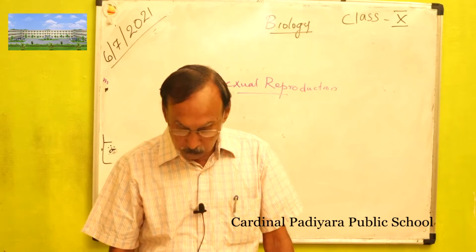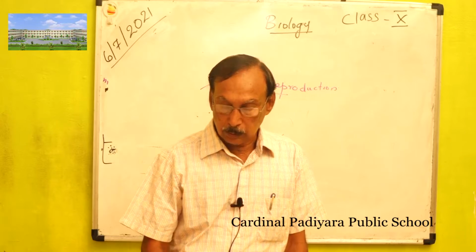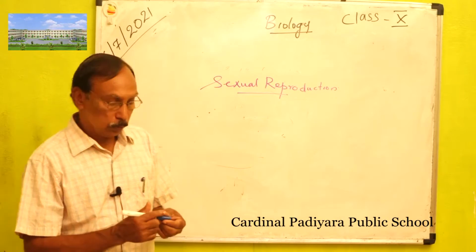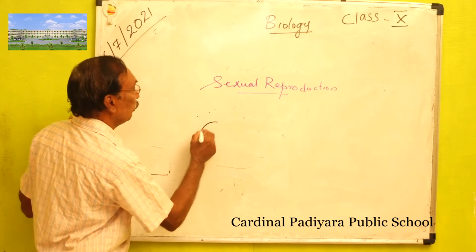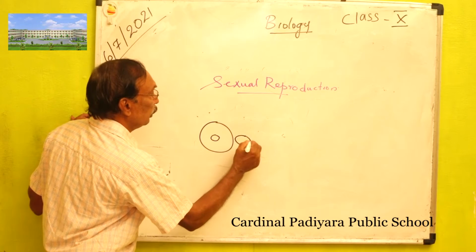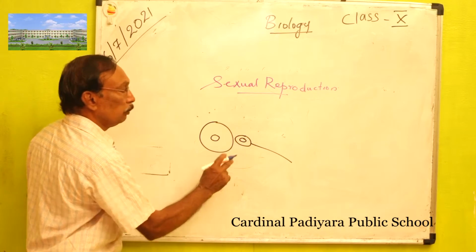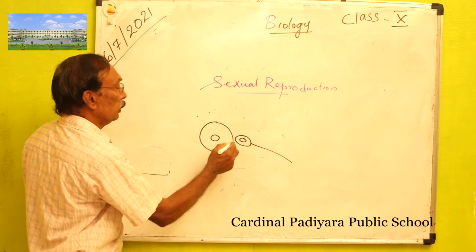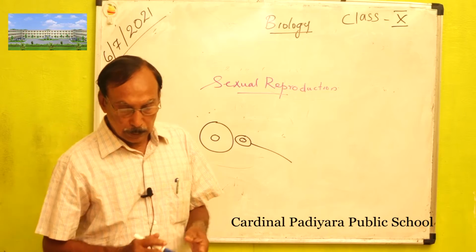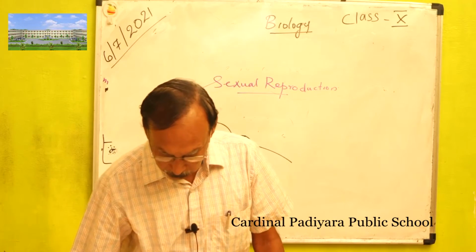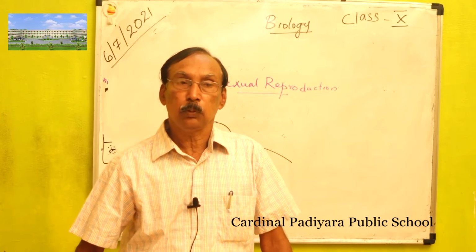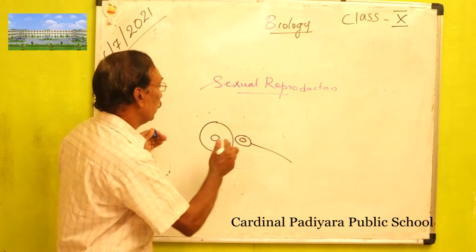In sexual reproduction, the DNA from two organisms is going to be combined. For example, the egg or female gamete from one organism is going to fuse with the male gamete or sperm, as in human beings. So two cells are going to be combined, and the DNA from two individuals combines.